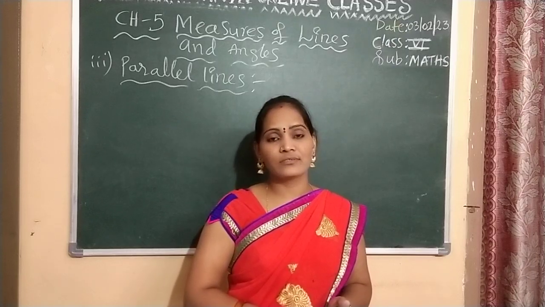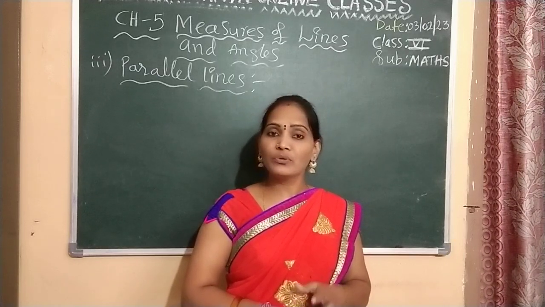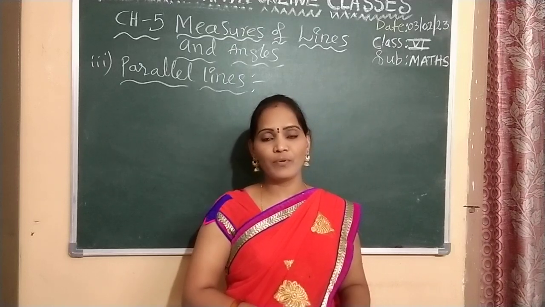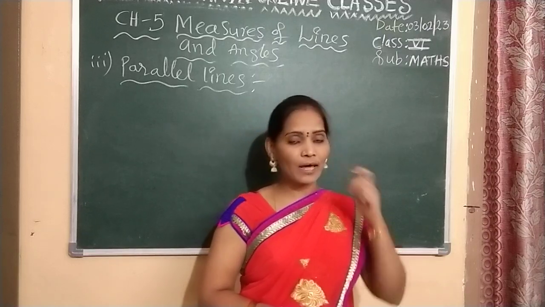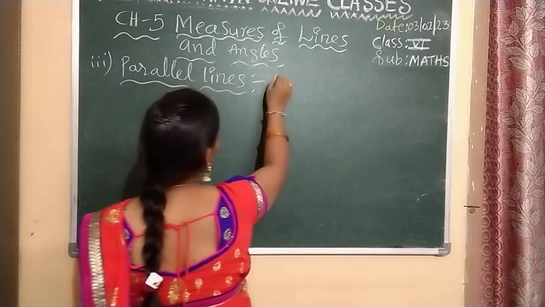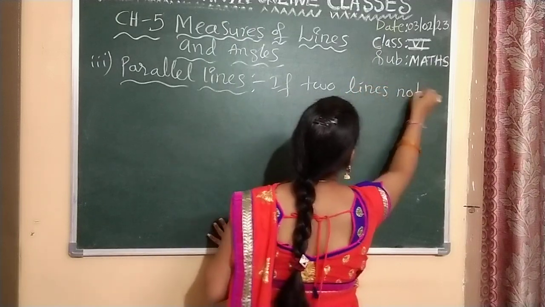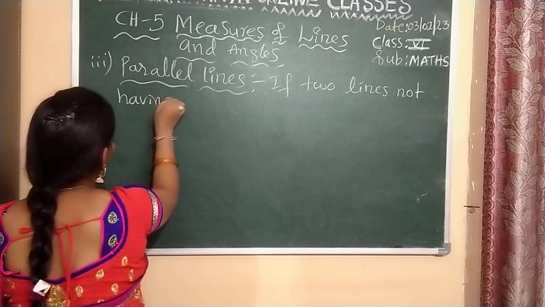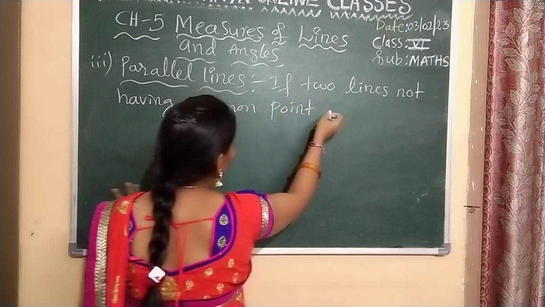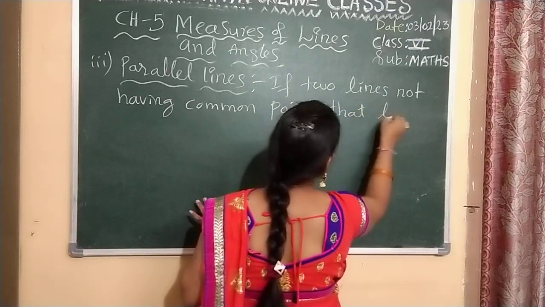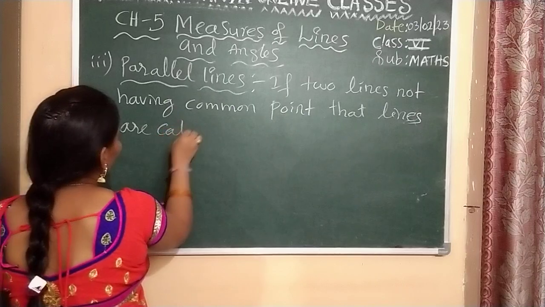If two lines do not intersect at any point, if the two lines don't have any common point, then those lines are called parallel lines.